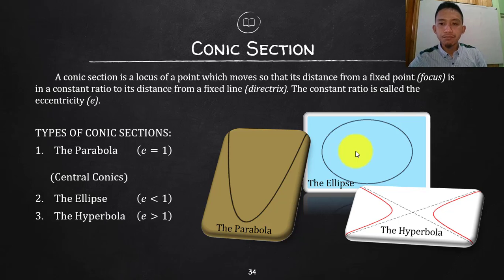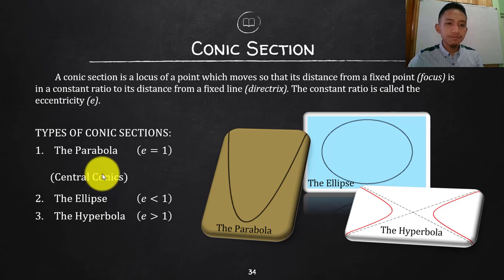It is just like half of an ellipse facing back to back. That is the hyperbola, and it happens if the eccentricity is greater than 1.